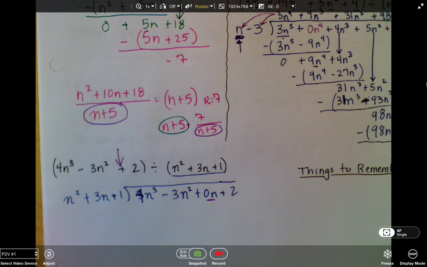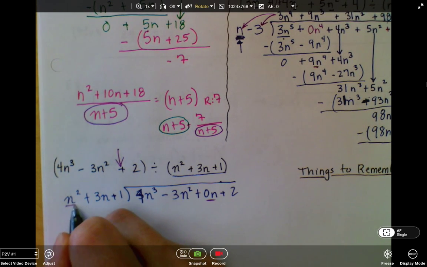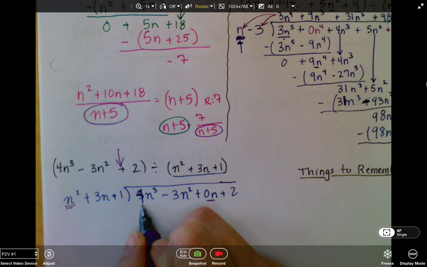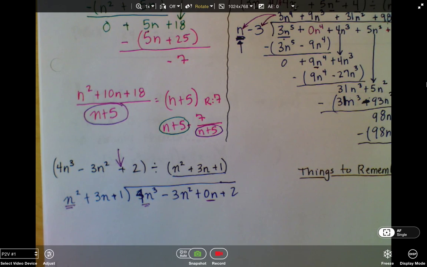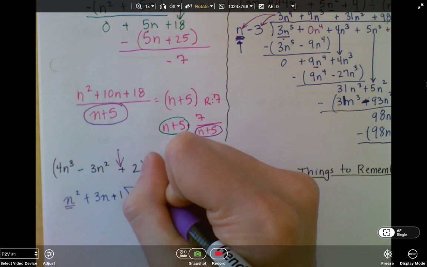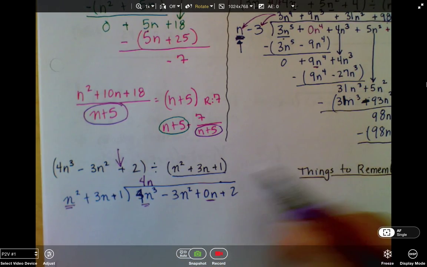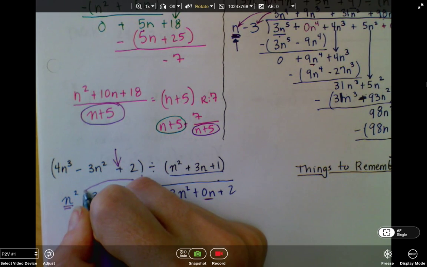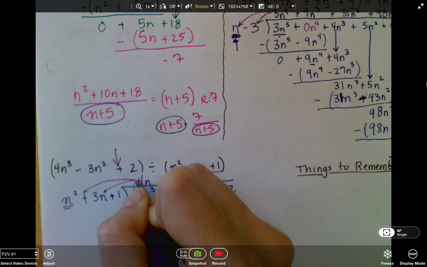So we're going to implement the same procedure. We're always looking to the first term and how many times it goes into these as we work through it, and then we distribute it back through. So n to the 4th goes into 4n to the 3rd, 4n times. I'm still going to take this guy, multiply it to each term.